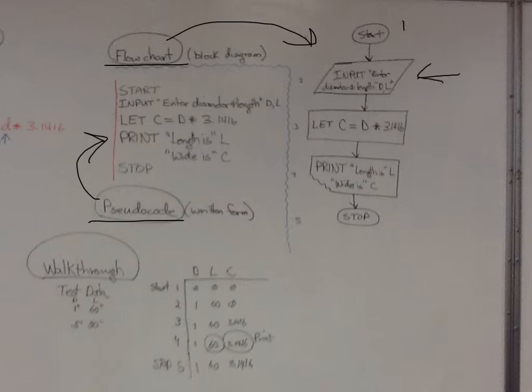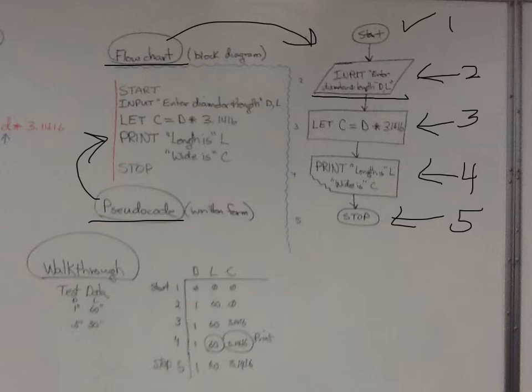So our process, we have a start. Step 1, we're going to enter the information in. That's an input. Step 2, we're going to do our calculations. In step 3, we're going to produce some output, give the results in step 4. And in step 5, we're going to stop. So here, we're going to enter the diameter and the length. You can see the variables there. You can find those over in the legend if you were to go back and look at that.